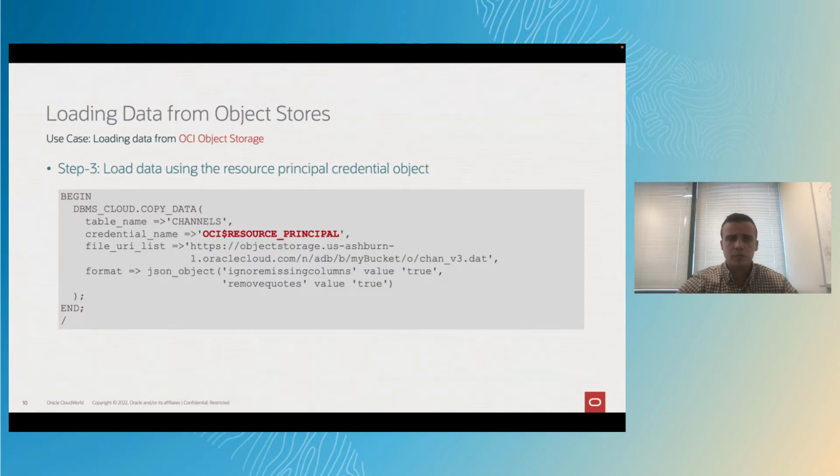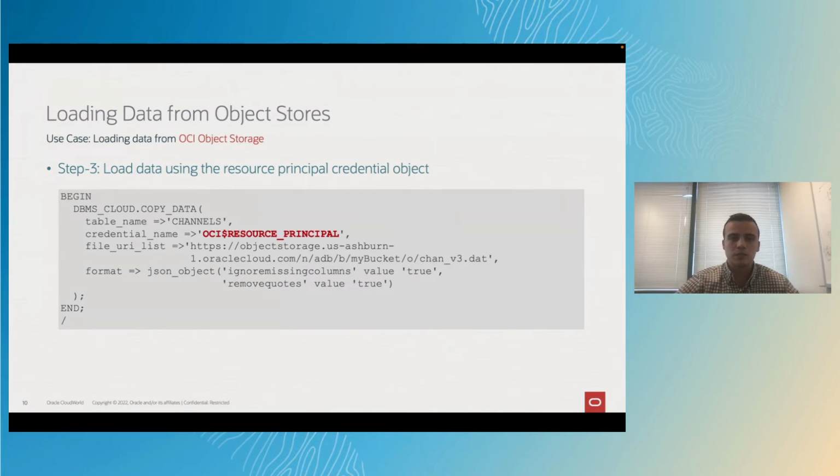As you probably already noticed, our credential name is OCI$RESOURCE_PRINCIPAL, which is a very specific name, and it is the credential name we need to use every time we want to access an OCI resource using resource principal. We will see this credential name changes from provider to provider.